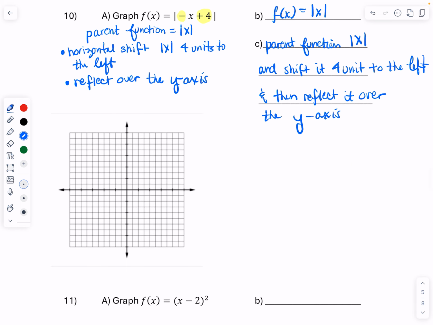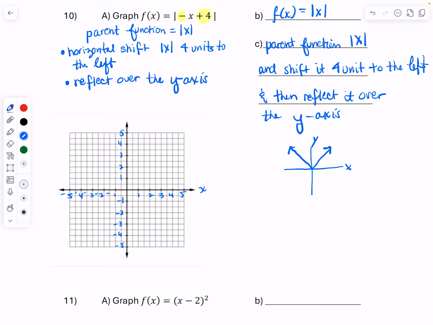Alright, the parent function, just to remind everybody, it looks like a V, right? So that's what it looks like. Alright, so I'm going to take that function and I'm moving it 4 places to the left. So 1, 2, 3, 4, 5. 1, 2, 3, 4, 5. These are all negative on the left. This is the x-axis. So, oops. 1, 2, 3, 4, 5, -1, -2, -3, -4, -5.